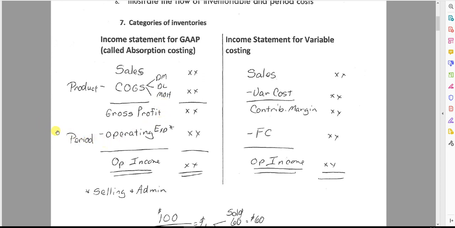Then we have period costs. Think of this as the office or the sales showroom. Period costs attach to the period, in other words, to the year or the month that they happened. There are two types: selling costs and administrative expenses. For example, if I spend $100 on advertising, I don't care which product it sells.